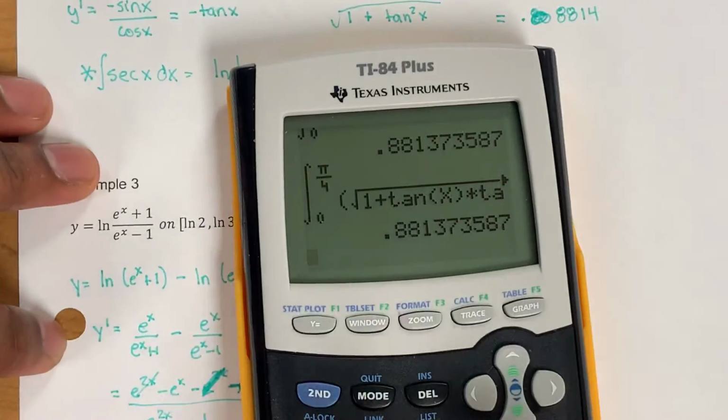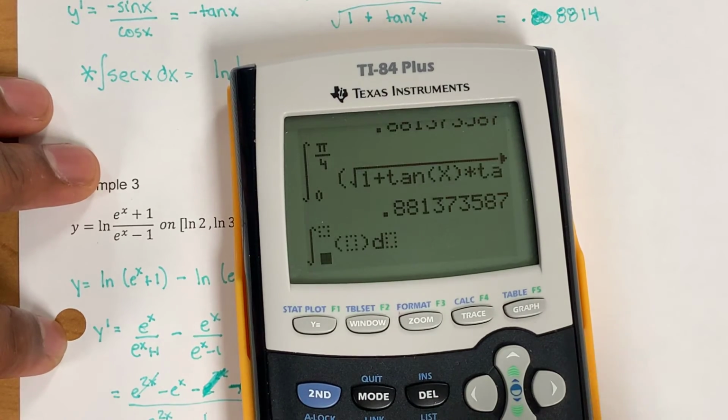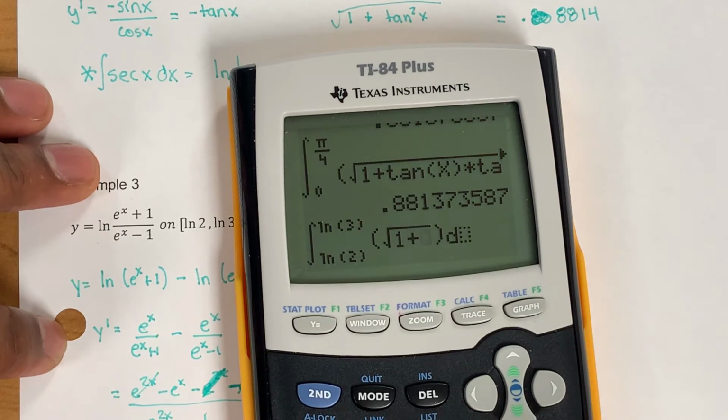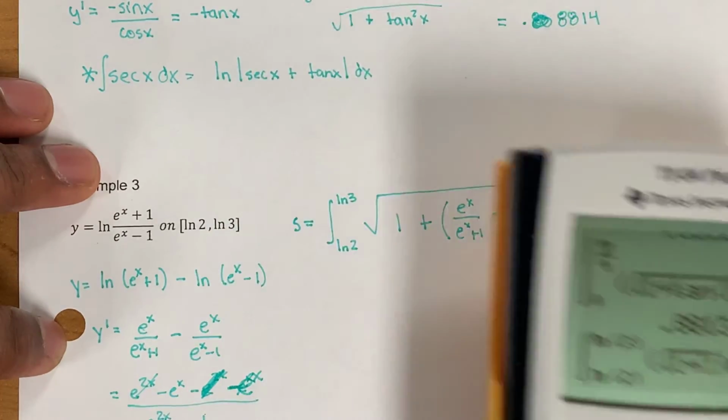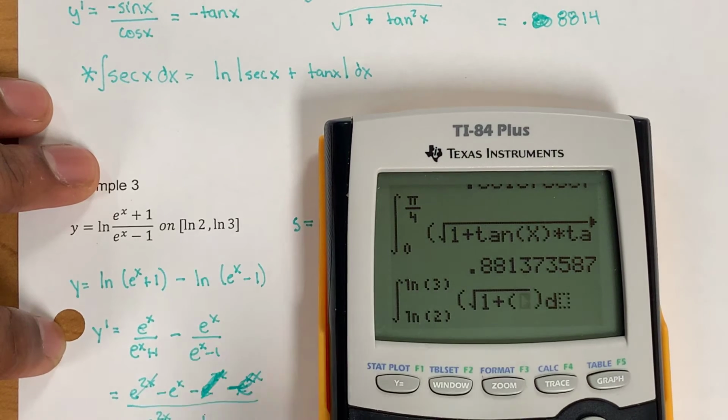So anyway, our integral math 9 from the ln of 2 to the ln of 3 of the square root of 1 plus, and it's going to be important that we pay attention to what we're putting in.